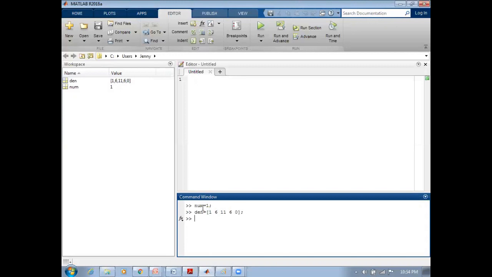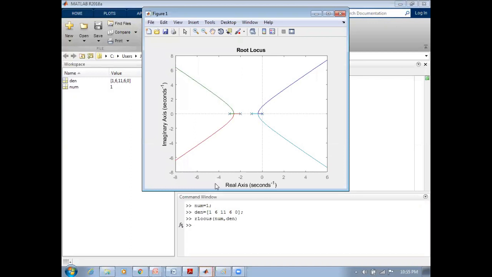Therefore, we can make use of the command rlocus of num comma den. Now we can look into the plot.